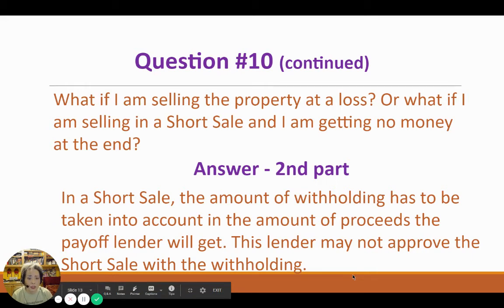So in a short sale, the amount of withholding has to be taken into account in the amount of proceeds that this payoff lender will get. This lender is going to want to see a copy of the closing statement, and he may not approve the whole short sale if he sees that there's a withholding that has to be given to the IRS. This lender may require that this seller bring in this withholding and deposit it into escrow.